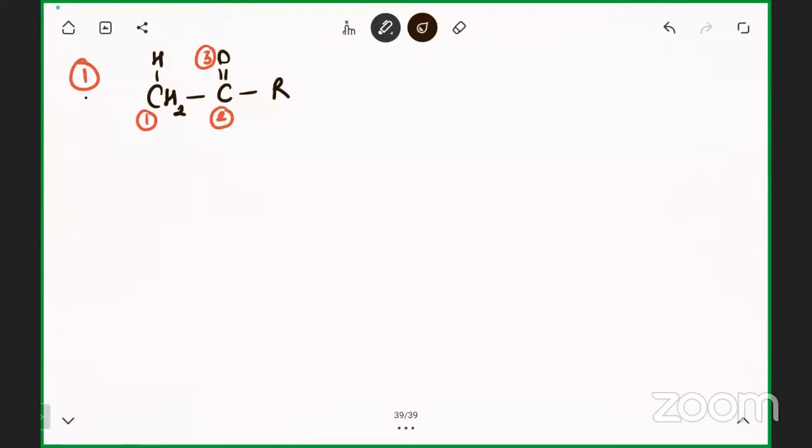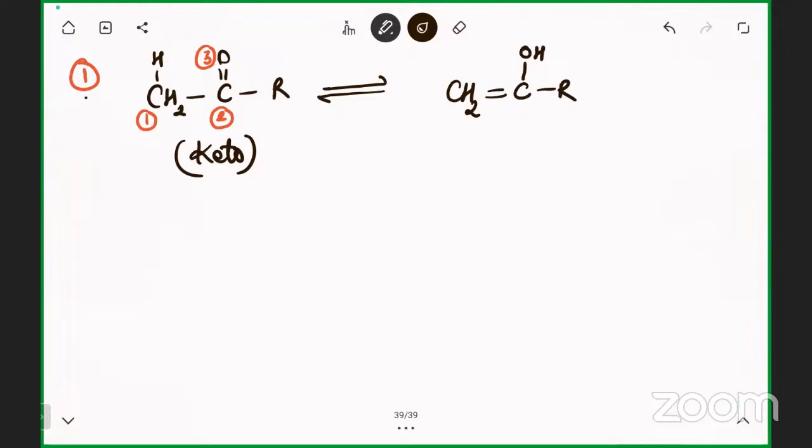So the compound formed will be, see, this is a ketone, so this is known as the keto form. If I make the tautomer, it will be CH2 double bond C single bond O having H, and then R. See, in this condition we have a double bond, so we use ene, and we have OH, so we use ol. So this is called the enol form.